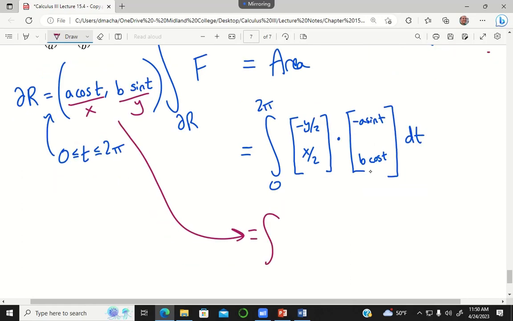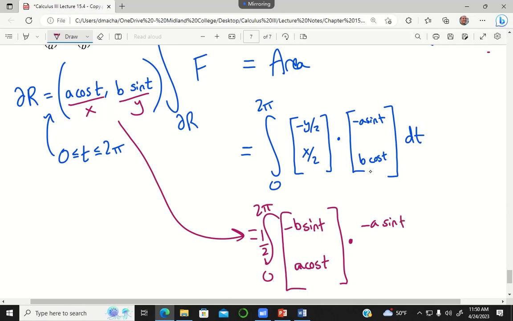So this is going to be the integral from 0 to 2 pi of the dot product of negative b sine t over 2, and the second entry here, a cosine t over 2. I'll take the 1/2 scalar outside the integral, and then dotted with negative a sine t, b cosine t.